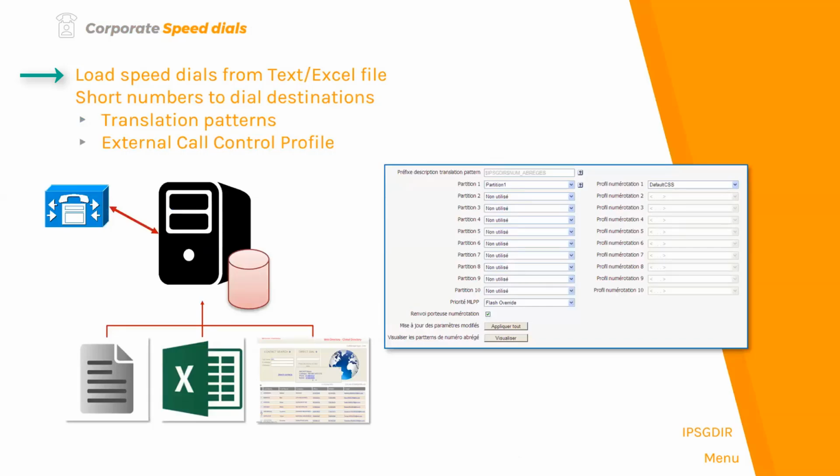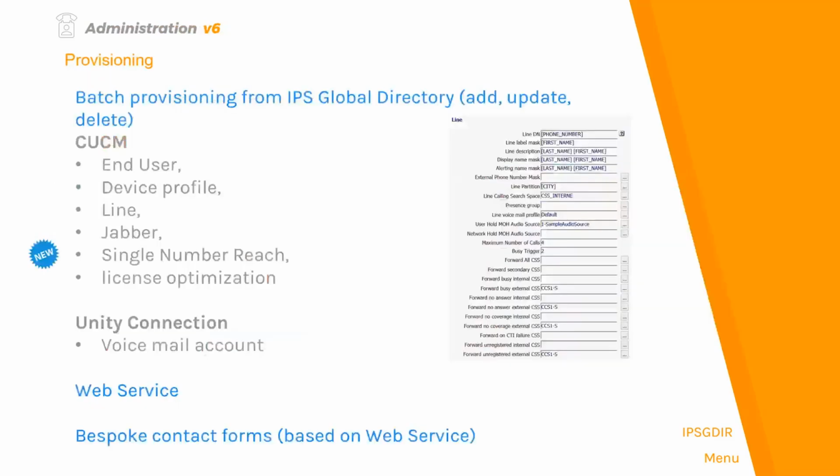A very useful tool if you want the Telisca server to manage that. It can replicate the text file or the Excel file at any time of the day, so if any changes are made to the speed dials, those changes will be replicated on the Call Manager.